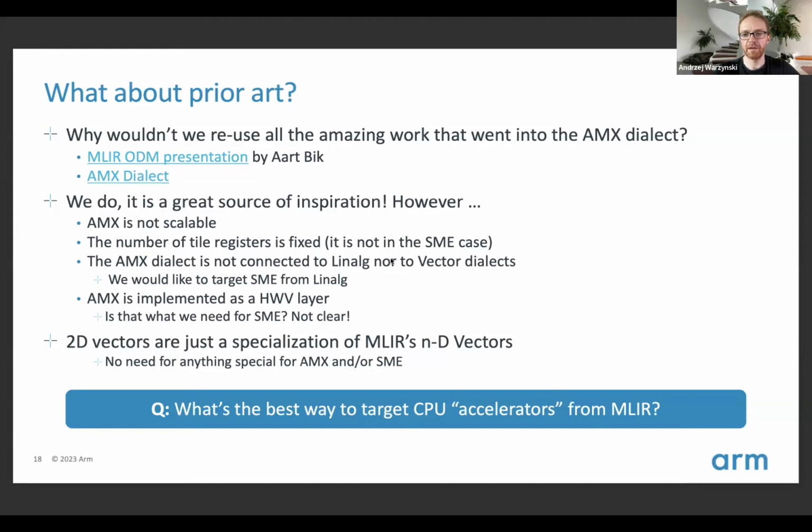I don't have anything specific in mind. But the reason we're looking at linalg is to make it generic. Ultimately, SME is an outer product engine, and we want to lower outer products onto SME, and that's the goal. It's not really VOSA, TOSA, or linalg per se that are the goals. The goal is to lower as much code, as many outer products onto SME as possible, and we just identify these dialects as very good starting points. Okay. Yeah, thanks. Makes sense.